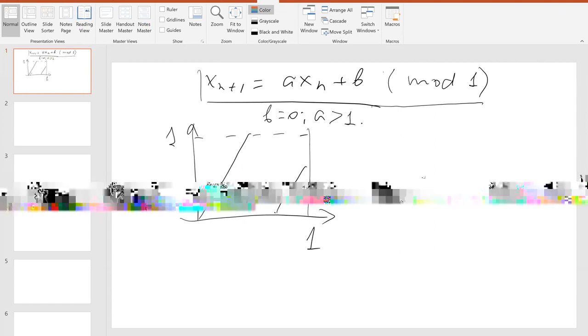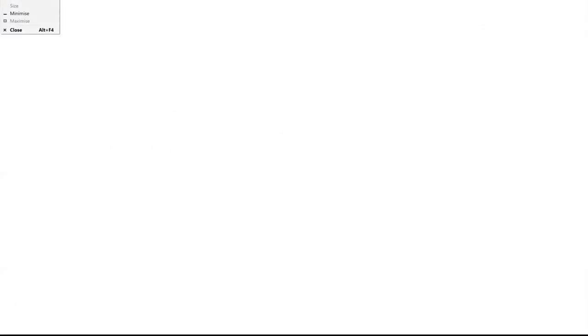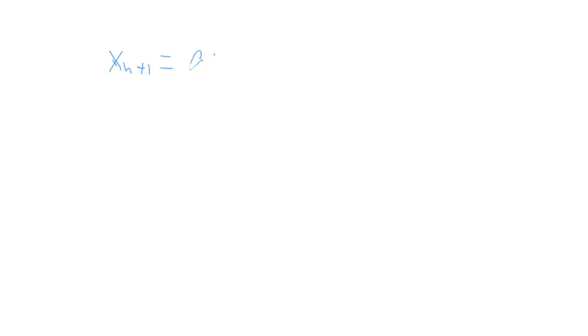If a is more than 1, this is a diagonal line. Now again, x n plus 1 equals a x n plus b mod 1.